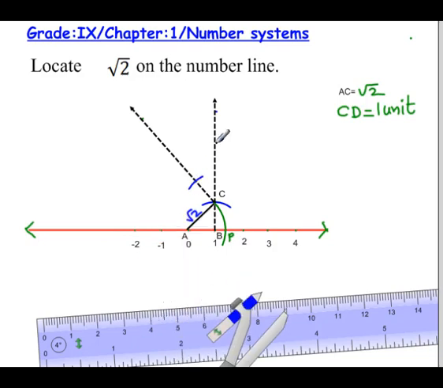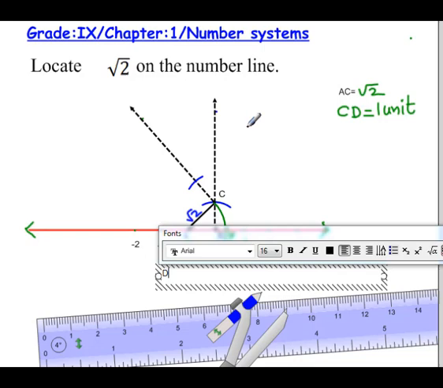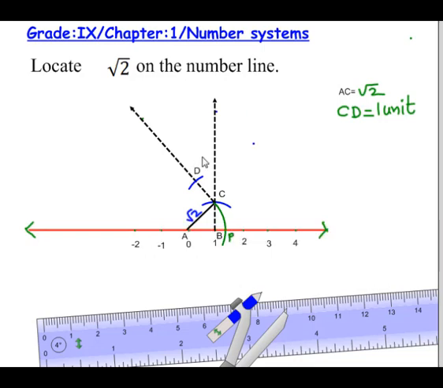Now let's take this as the point D. Now please join AD. AD is root 3. AD length is root 3.